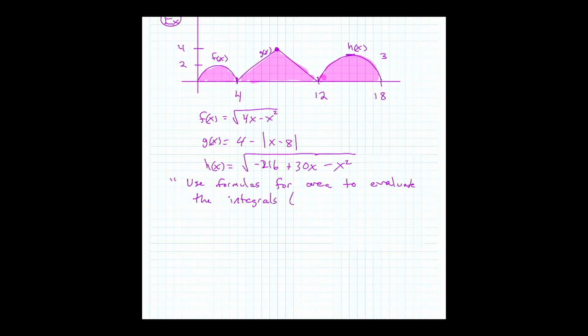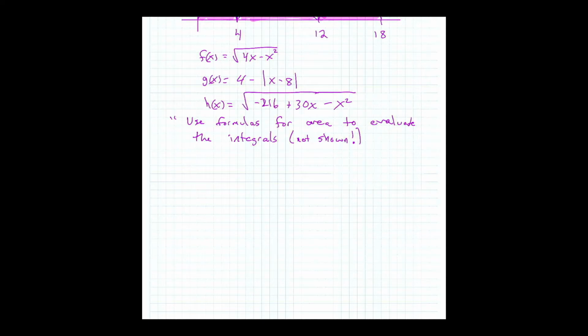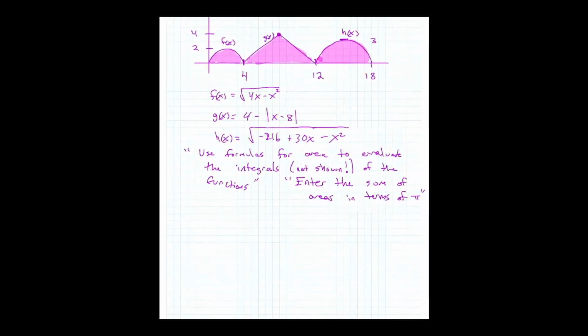They did not tell us the integrals, but nevertheless, they say use formulas for area to evaluate the integrals of the functions. And then they say enter the sum. So we're going to be adding up the areas. And they also say in terms of pi, which means we're not doing decimals or anything. Okay, so this is what you're given in this problem.